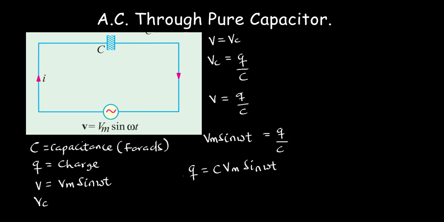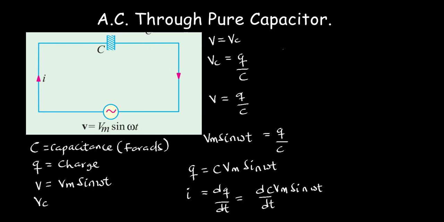If you want to find the current across this capacitor, that will be I, the time rate of change of the charge on the capacitor, so dq dt. This gives us I equal to the derivative of C Vm sine omega t with respect to time.